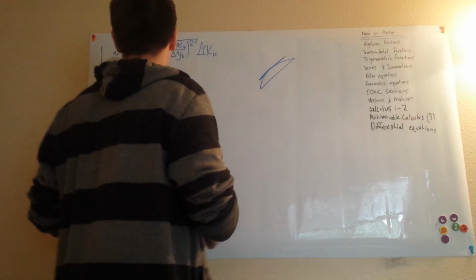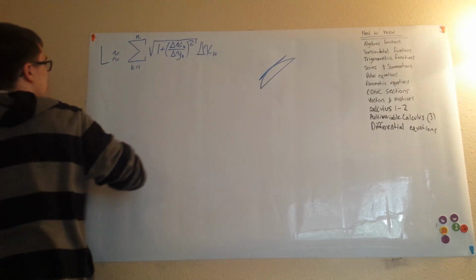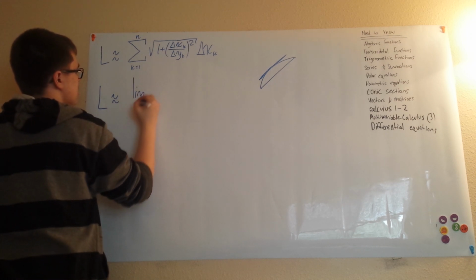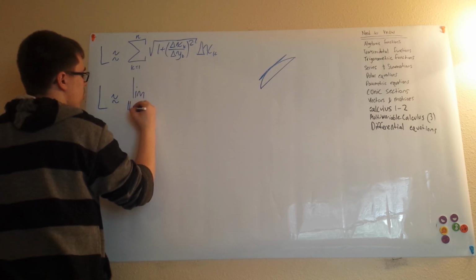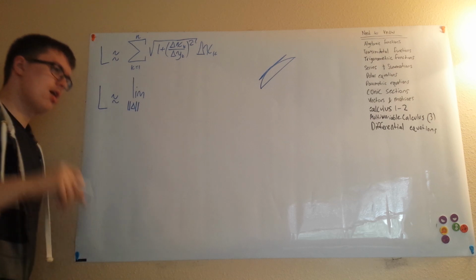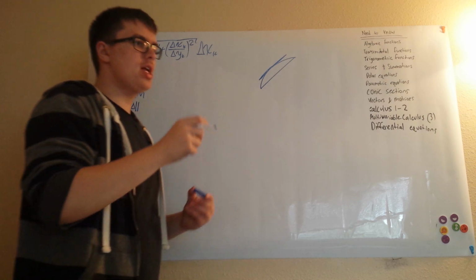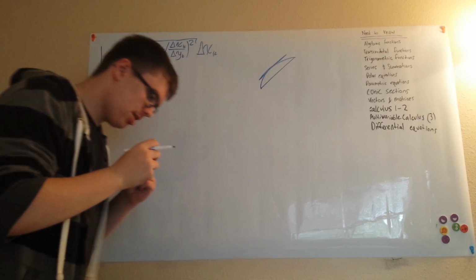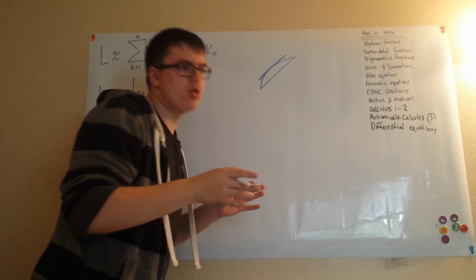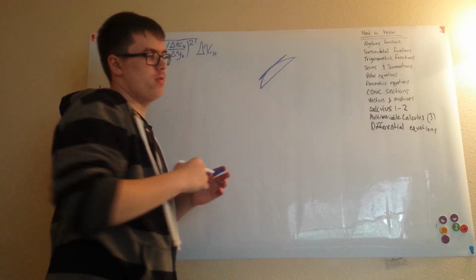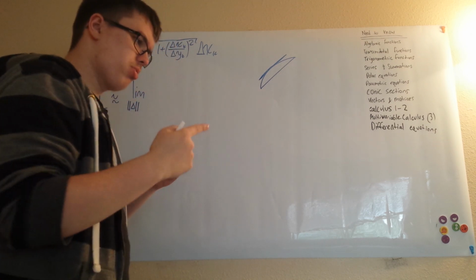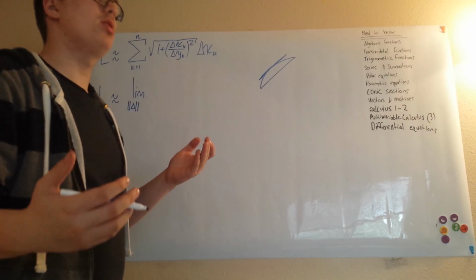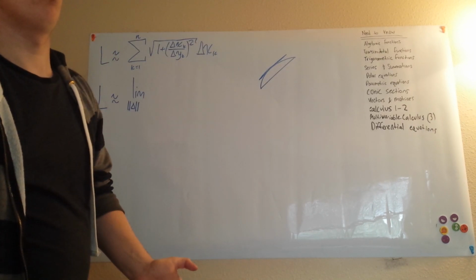If we make the limit as the norm of the partition, meaning the biggest segment in our entire curve, approach 0, all the other segments are going to be basically 0.